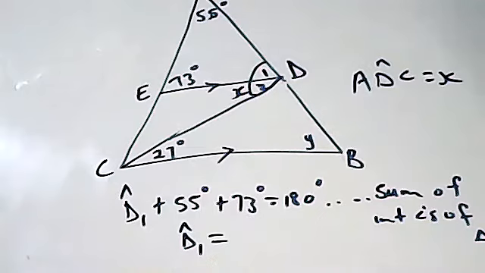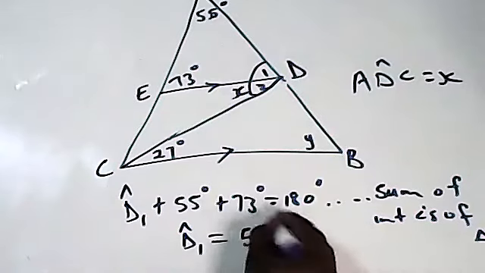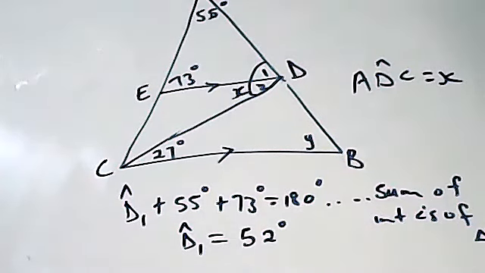But I don't have space. D1 is equal to 52. D1 is 52. So now that we know that D1 is 52, isn't it 52? Yes, it's 52.